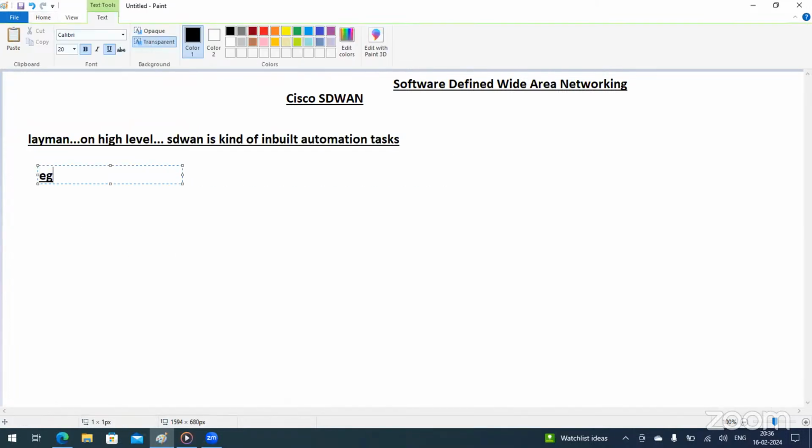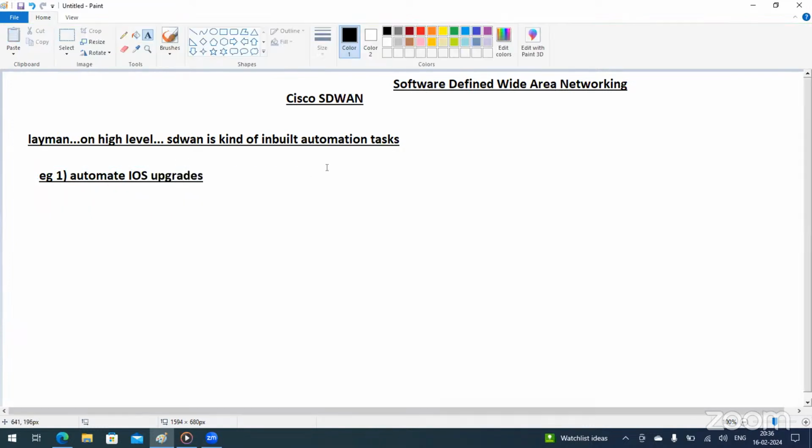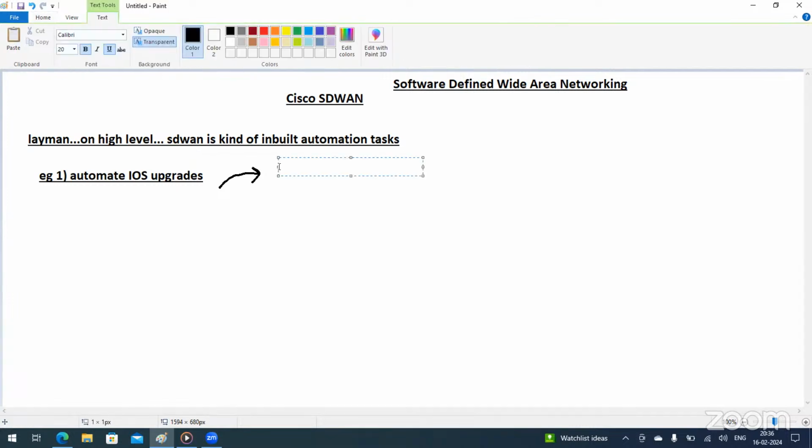For example, if you want to automate iOS upgrades, we can do it via scripting in traditional networking, but for that, people need to be experts in that specific scripting language. Let's say you are using Python or Ansible, then we need people who are comfortable and experienced in Python and Ansible, right?